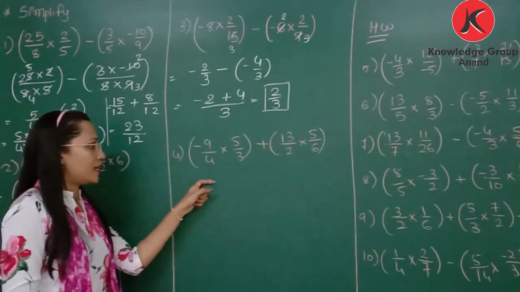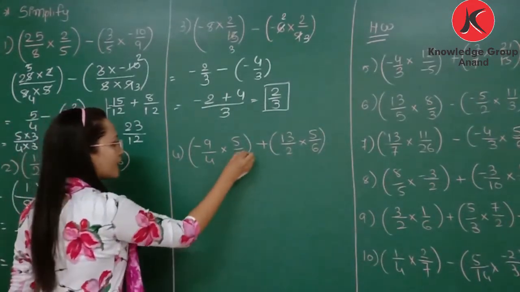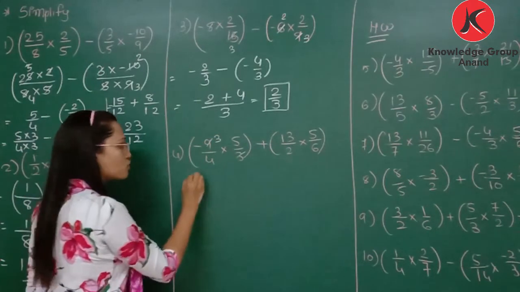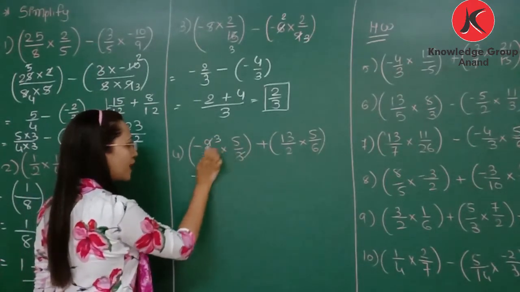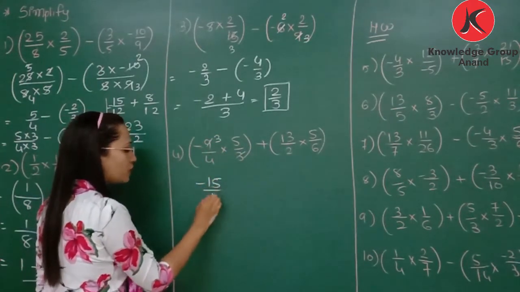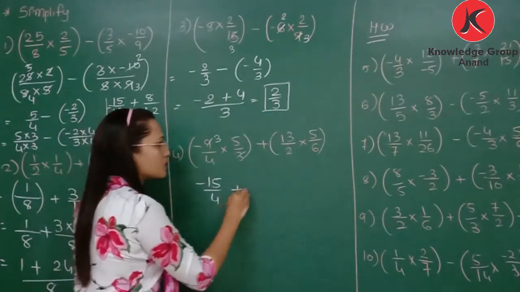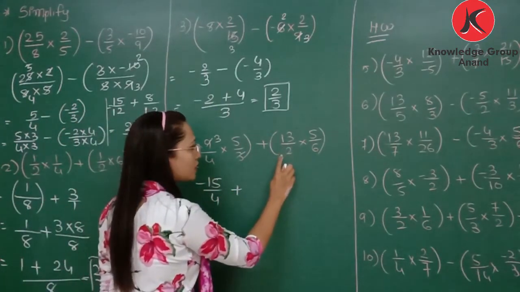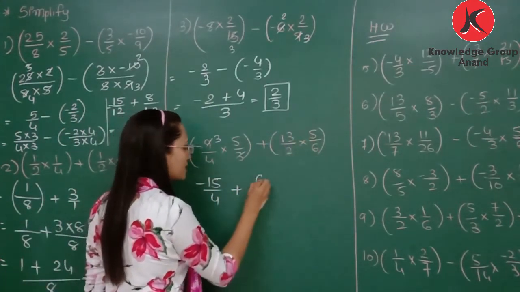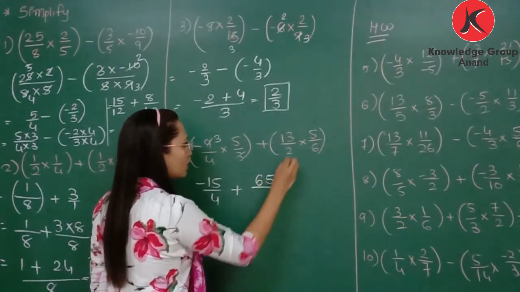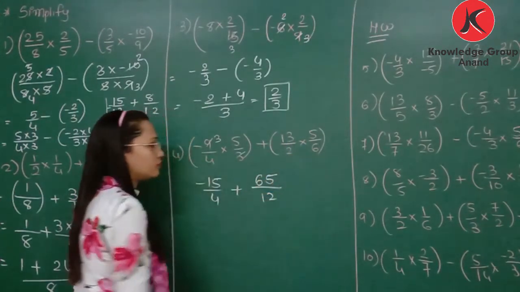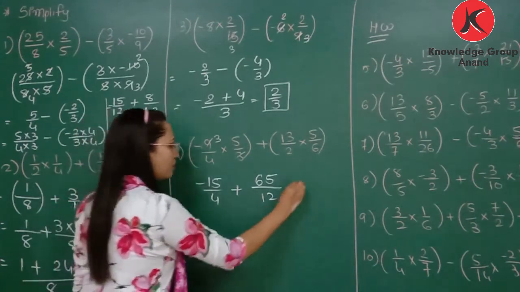Now let's take next one. Here you can cancel out 3 3s are 9. So it is minus 3 multiplied 5, that is minus 15 by 4. Plus here you can cancel out any factor? No. So 13 5s are 65. 2 6s are 12. Now take the LCM.